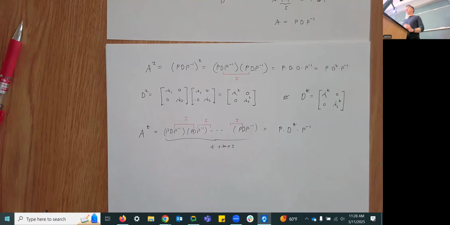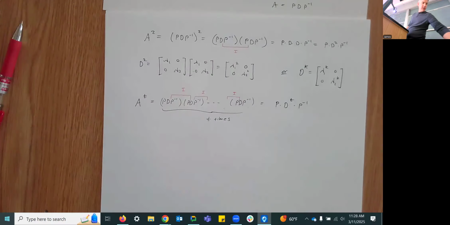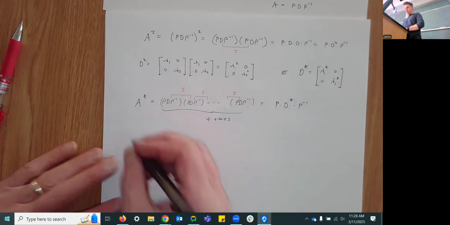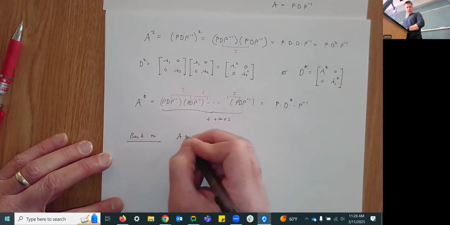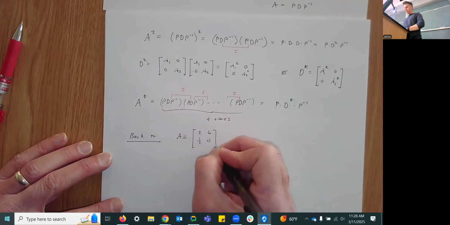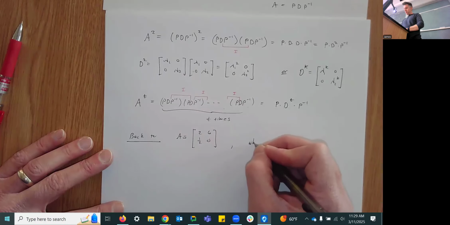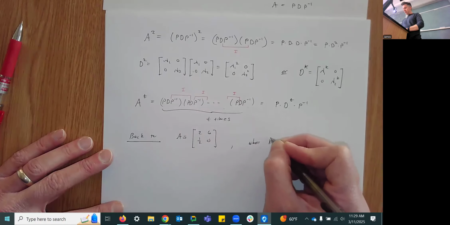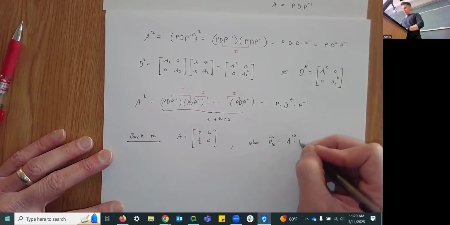So, back to our example of A equal to 2, 6, 1/2, 0, for which we had found the eigenvalues. I would really like to know what n10 is going to be, which would be A to the 10th power times our n naught.